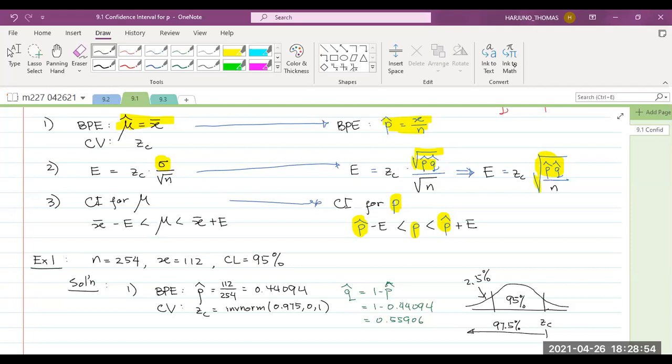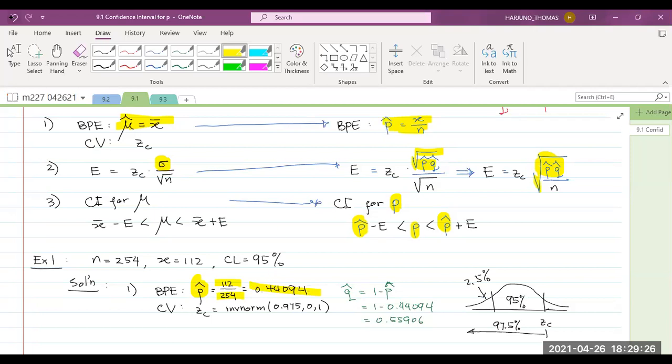Now we want to find the population proportion of college students in that population. The number of college students among the sample over n is the sample proportion.